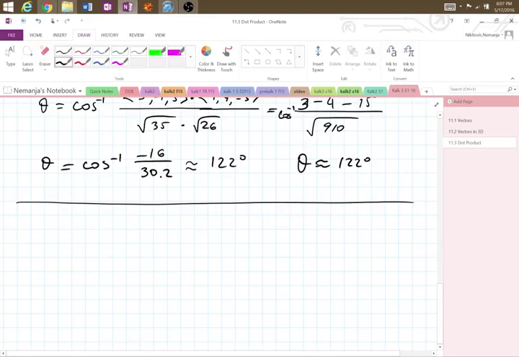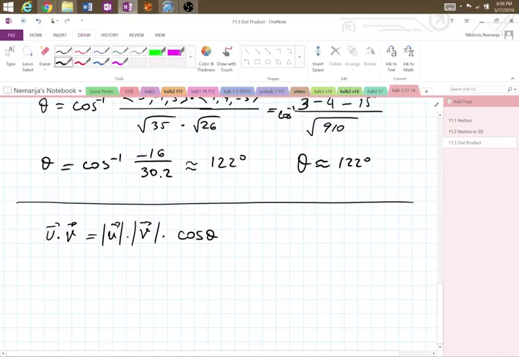So we have the dot product. Now, what is the consequence of a formula such as this, where u dot v is equal to the magnitude of u times the magnitude of v times cosine theta?